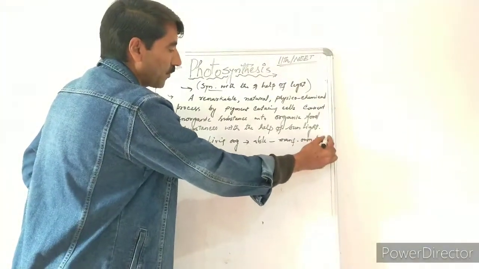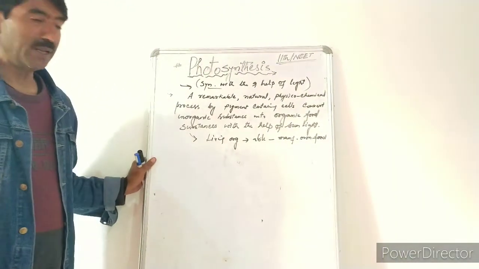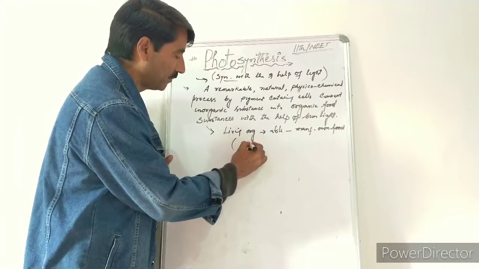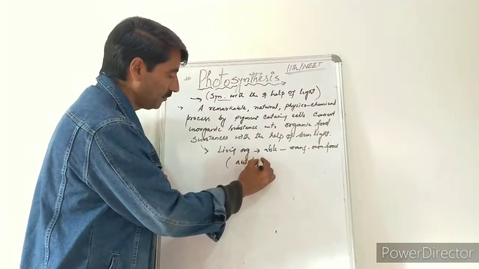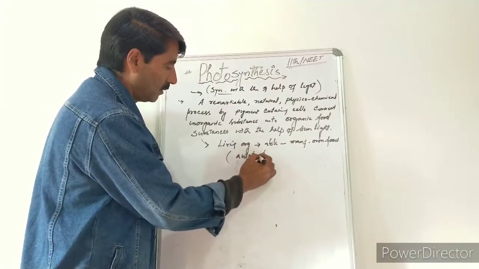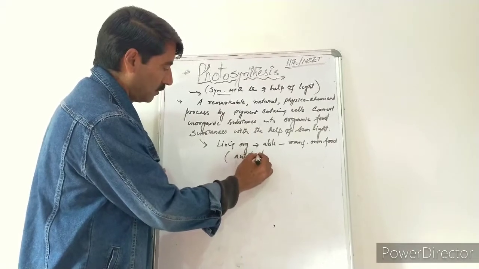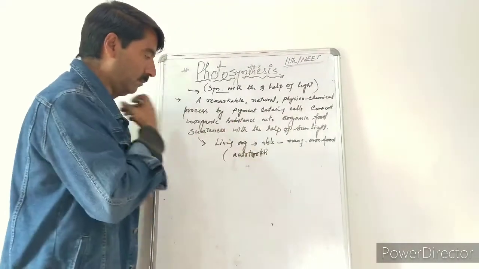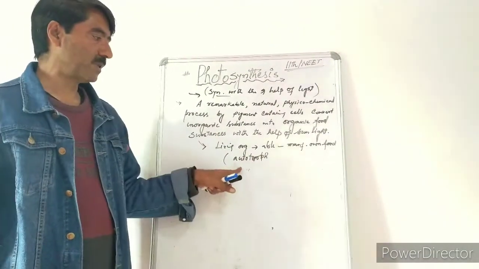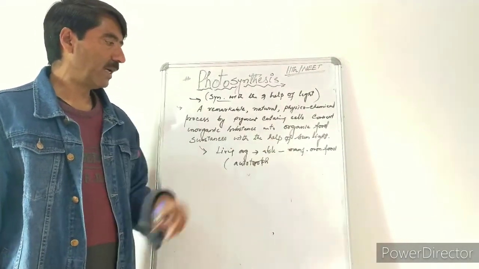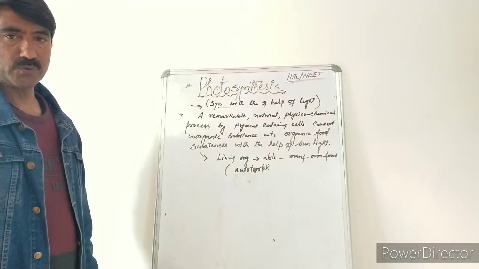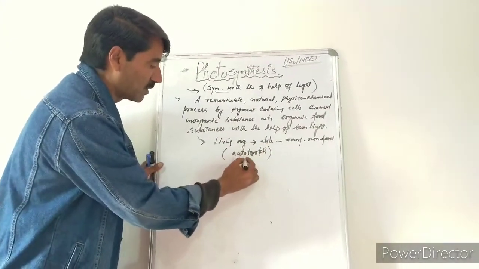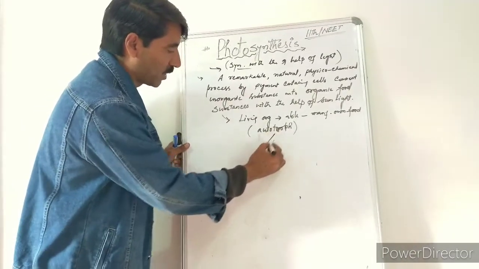So we know a living organism that can manufacture its own food is called an autotroph. So all autotrophs have the ability that they can manufacture their own food. But taking into consideration these autotrophs, we have two types of autotrophs.